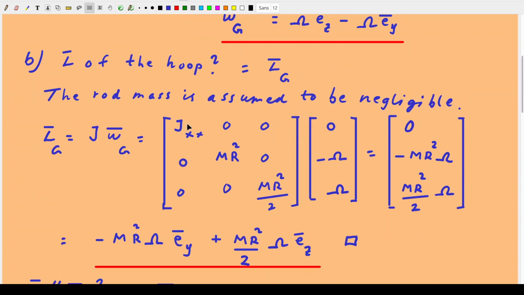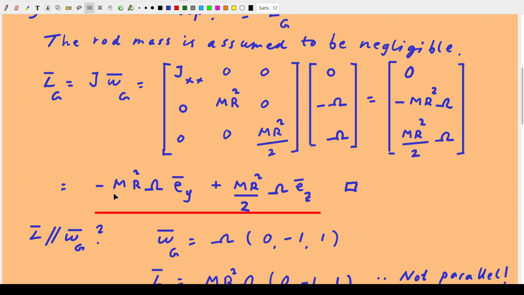So this times this times this, and this, that is 0. Then this times that, plus this times that, plus this times that, that will be this one. And then this times that, and this times that will be this one. Written in basis vector form, it can be expressed like this. So this is the final result for the angular momentum with respect to the center of mass point G.